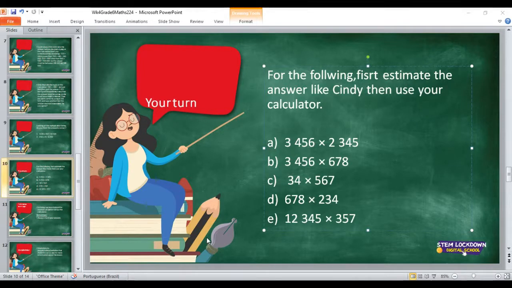Sorry, 4 million and 5 million. My apologies. The estimation is between 4 million and 5 million. All right, the correct answer is 4,407,165. Thank you so much for your participation.